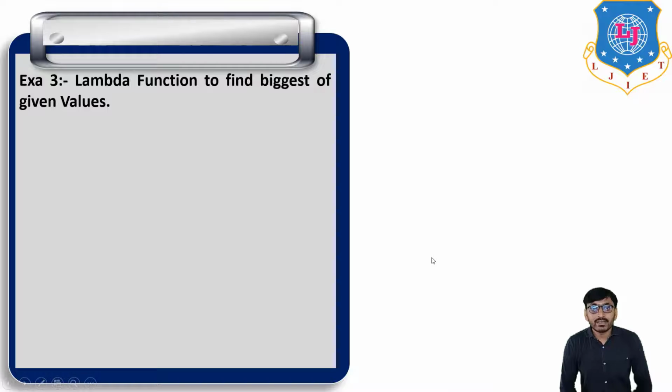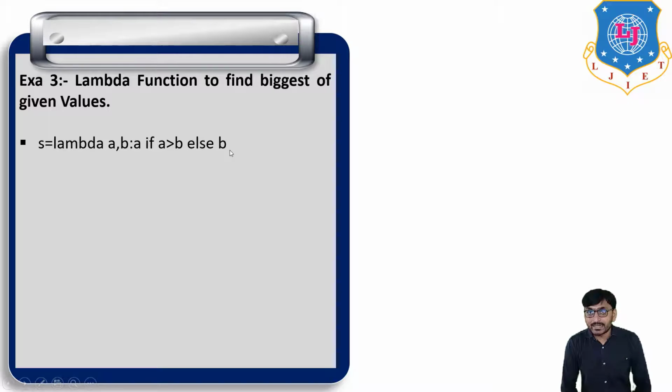Then next one, lambda function to find the biggest of given values. Which one is biggest? So s is equal to lambda. For example, there are two values given, a and b, and the expression is a if a greater than b, else b.